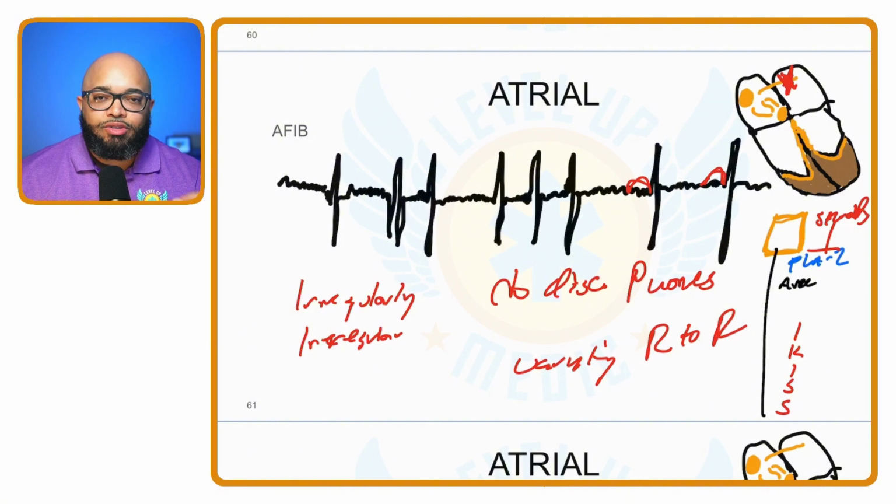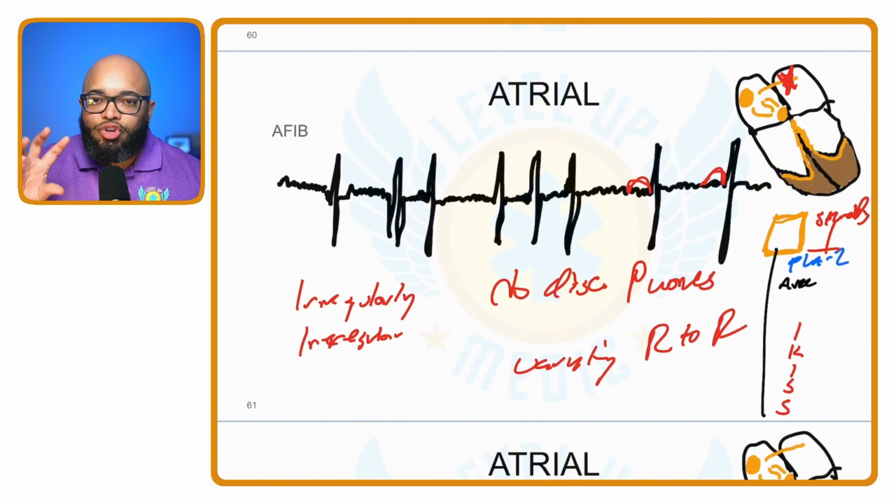So what we know is with a-fib, they're often going to be on anticoagulants. Blood levels will need to be monitored. And then depending on the heart rate, we may have to do something for rate control as well. So let's say down here in the ventricles, one of the receptors is a beta receptor, for instance, a beta 1 receptor.